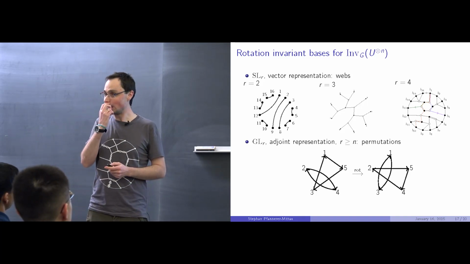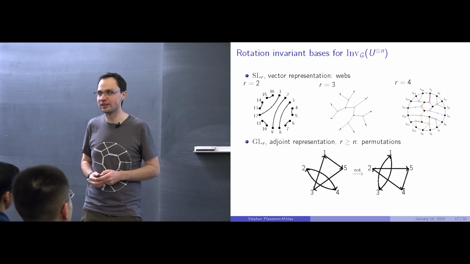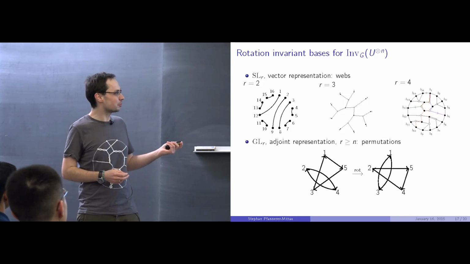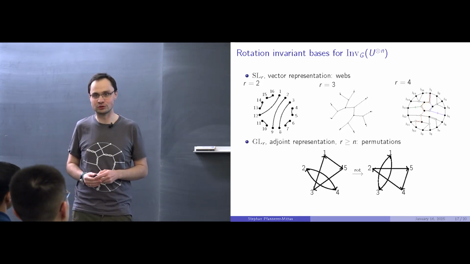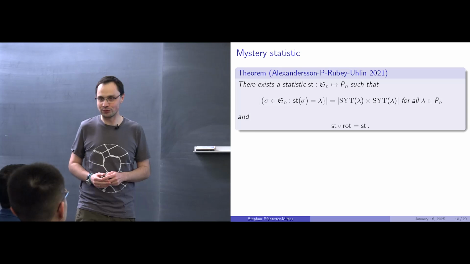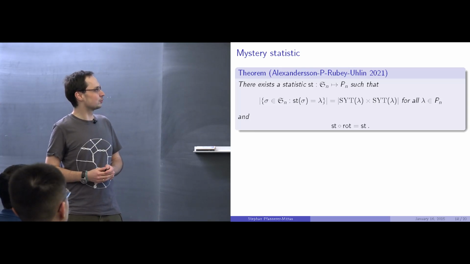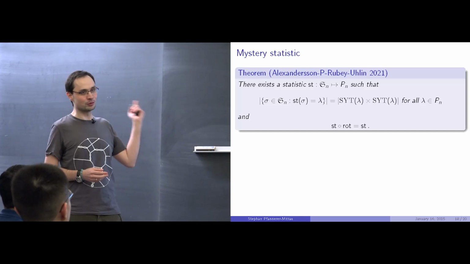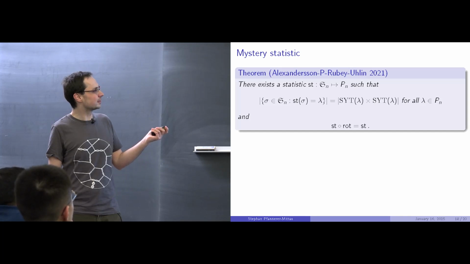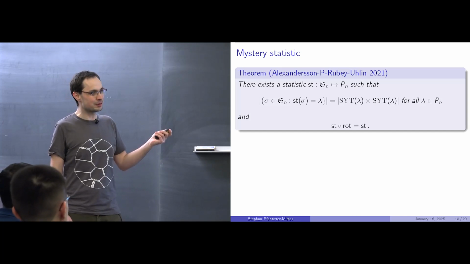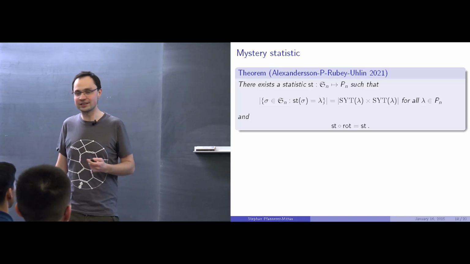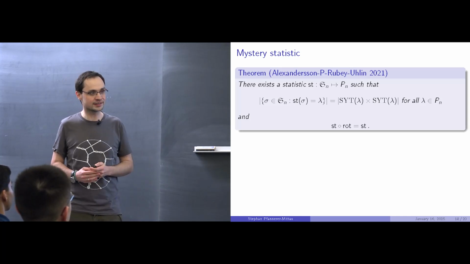And now the question is, if we make R smaller than n, can we still say something there? Is there maybe some subset of permutations that I can use to get a nice basis? And that's actually where this mystery statistic is coming from. So we were able to show, and this looks very different from the theorem that we had before, but I will tell you how those relate, that there exists some statistic, and with statistic I mean some kind of weight function where my weights are not necessarily integers, but here they are partitions of size n.